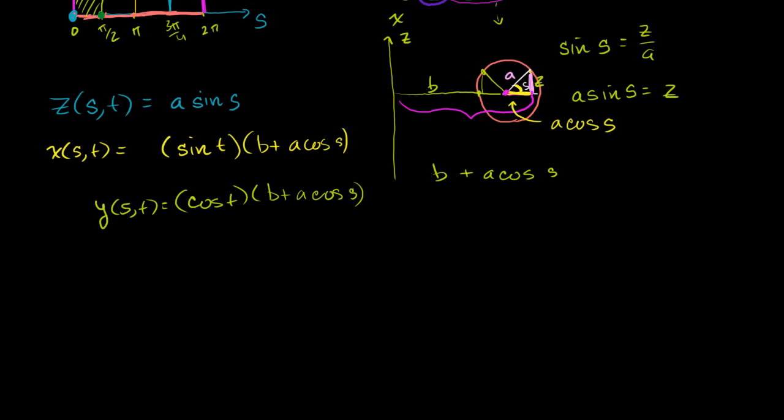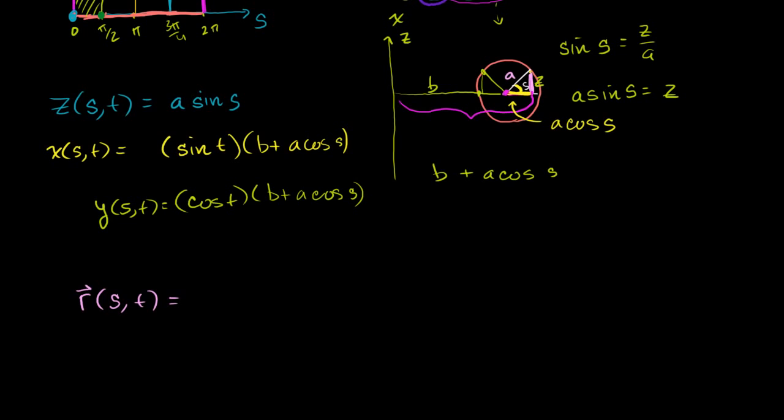Find a nice color, pink. So let's say our position vector valued function is r. It's going to be a function of two parameters, s and t, and it's going to be equal to its x value.